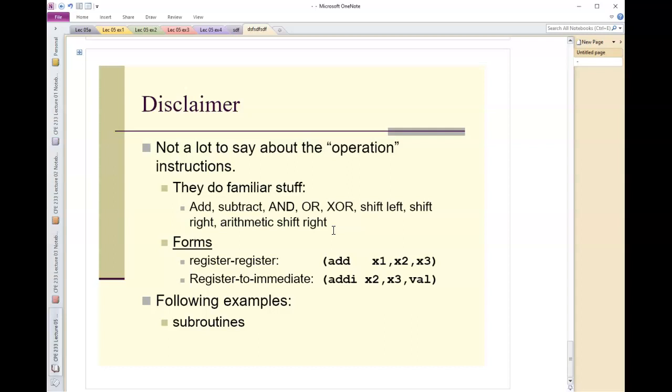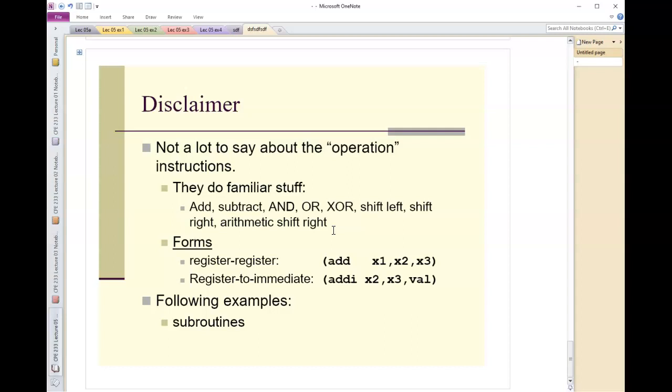You're used to those, and of course arithmetic shift. You've seen those before. They're not a big deal, and I don't really know how to explain them other than to say there are instructions in the instruction set that do that, and I encourage you to look at the lab or the assembler manual or the cheat sheet and take a look at those instructions.